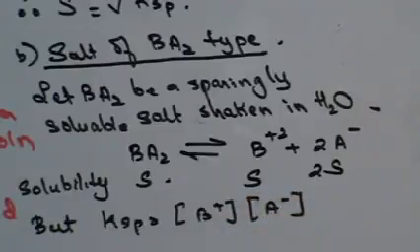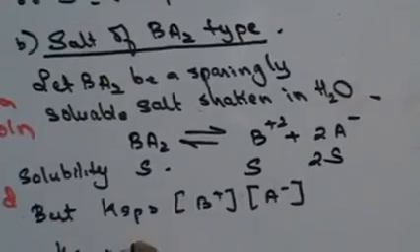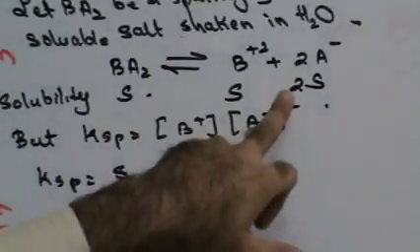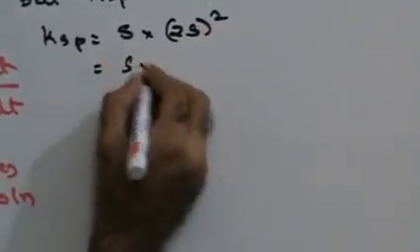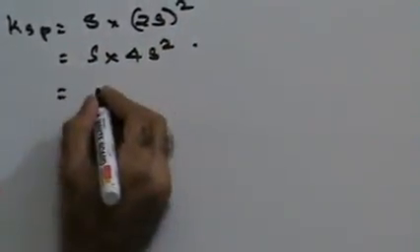The active mass of B plus is S, the active mass of A minus is 2S, and since this is a BA2 type of salt, this will be A minus the whole square. There are two atoms of A here. So this will be S into 2S the whole square, so S into 4S square. This is going to be 4S cube. So the solubility product of a BA2 type salt is nothing but 4S cube.